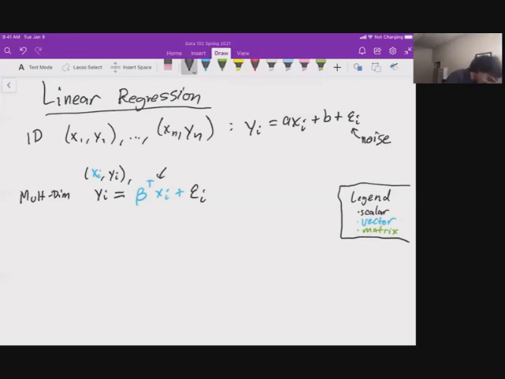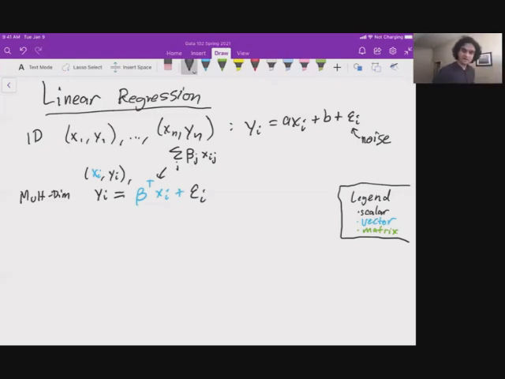So this is really equal to the sum over j of beta j times xij. What is xij? It's the jth entry of the vector xi, right? So we're just taking each one, multiplying it by a beta, and adding them all up. Kind of like the one above, except a little more sophisticated. Instead of taking just one number, multiplying it and adding it, we're taking a whole bunch of them, multiplying and adding them.